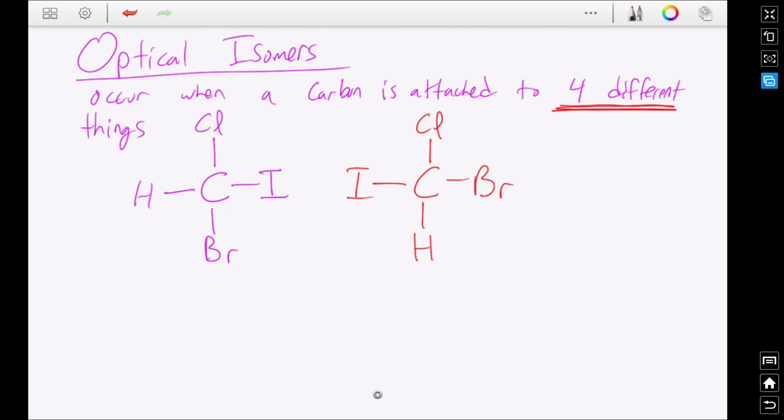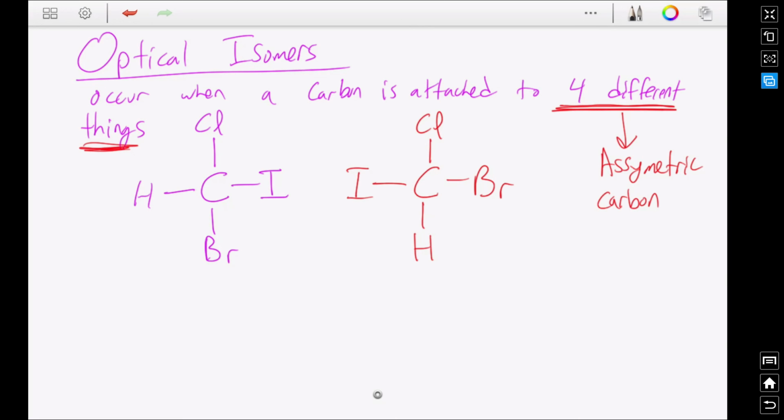When a carbon is attached to 4 different things, we call it an asymmetric carbon. Okay. And that should do it.